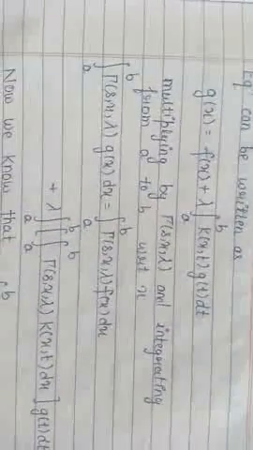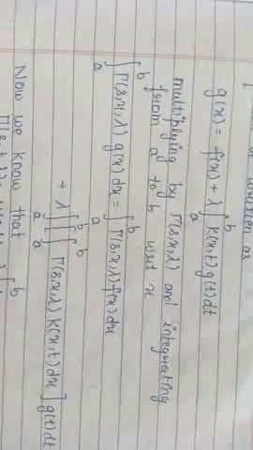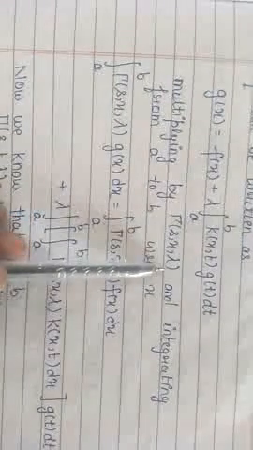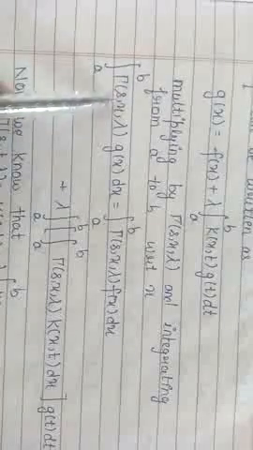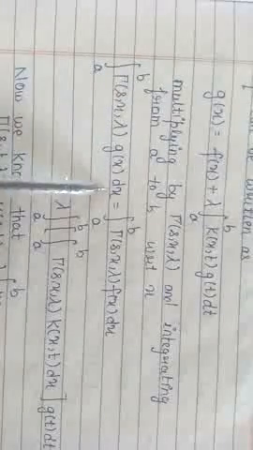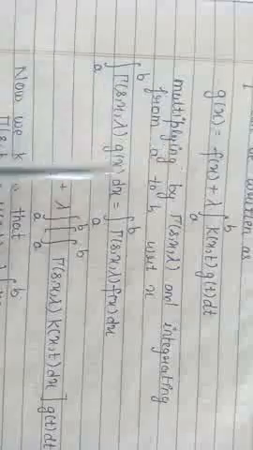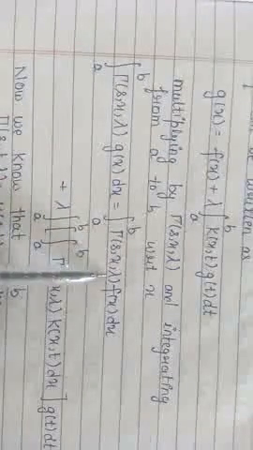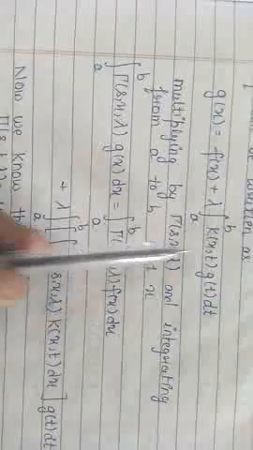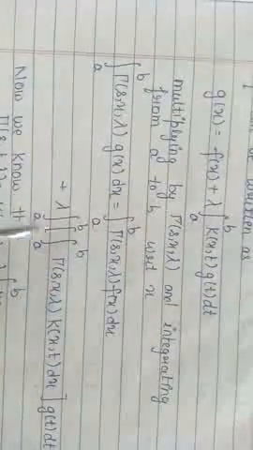Now multiplying this equation throughout by gamma s x lambda and integrating between the limits a to b with respect to x, the left hand side becomes integral a to b gamma s x lambda into g x dx. On the right hand side, the first term becomes integral a to b gamma s x lambda into f x dx, and the second term after doing the integration will take this form.